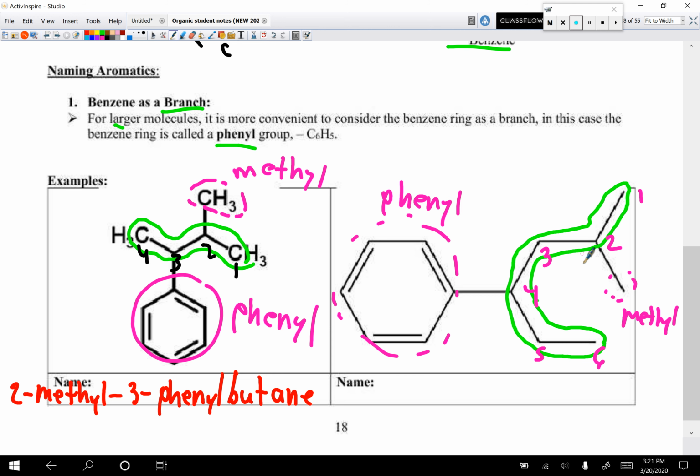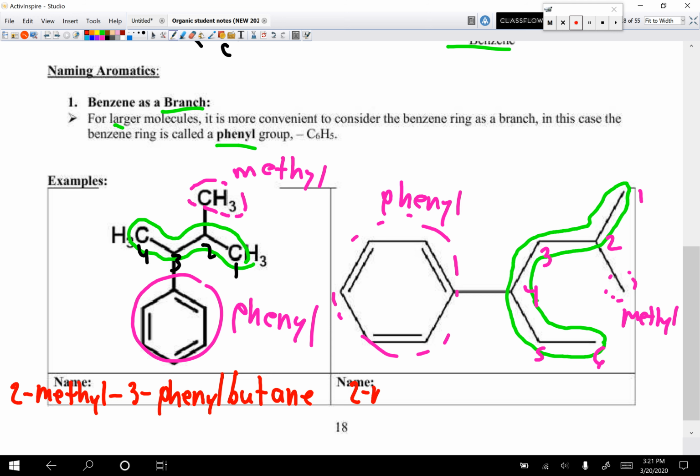Therefore, how I have it labeled right now is perfect, where I have my methyl branch and my phenyl branch. So the name for this, when we put everything together: luckily this one just so happens to work out that methyl comes first in the alphabet, and we're going to label it first again. But the alphabet did not influence our decision to label this one up here as carbon 1. It's because the first branch is there.